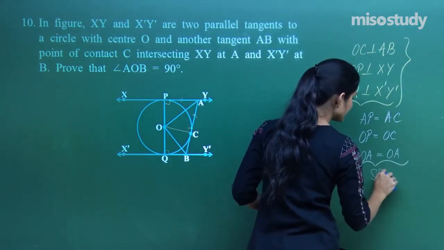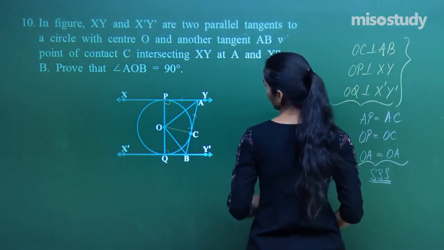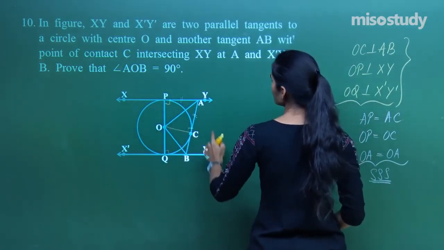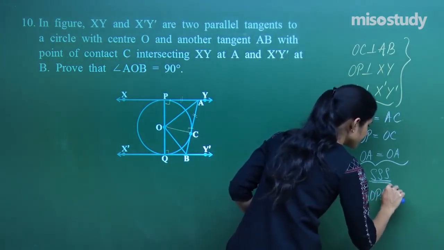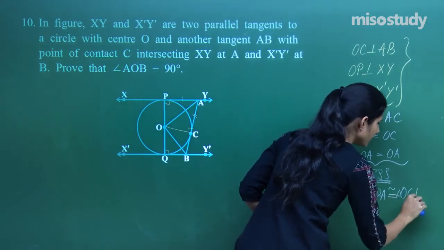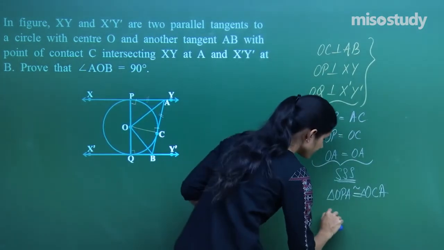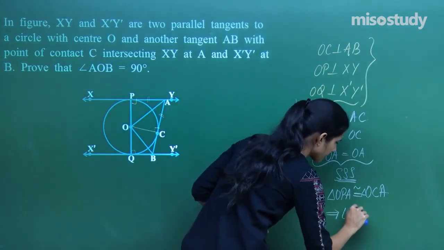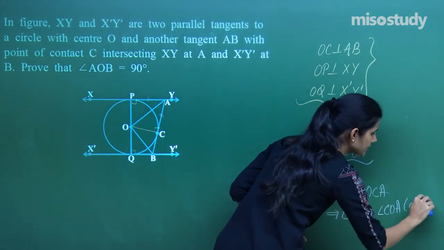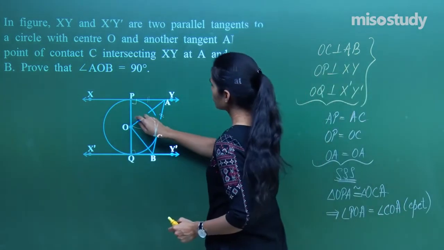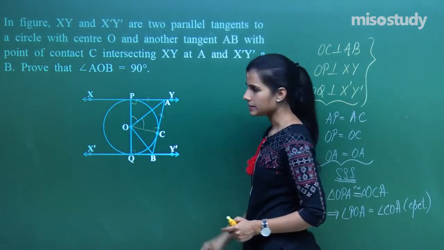So, by SSS congruence rule, I have triangle OPA is congruent to triangle OCA. And therefore, angle POA is equal to angle COA by CPCT. So, you will have this angle is same as this angle by CPCT.